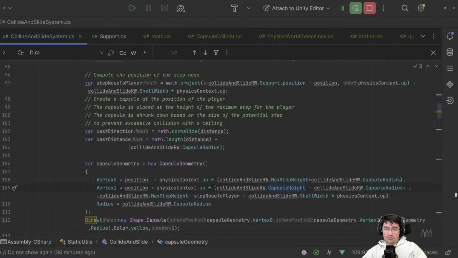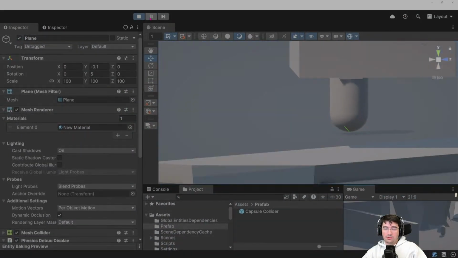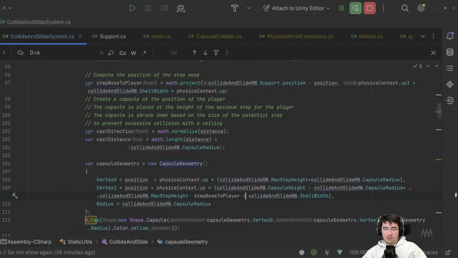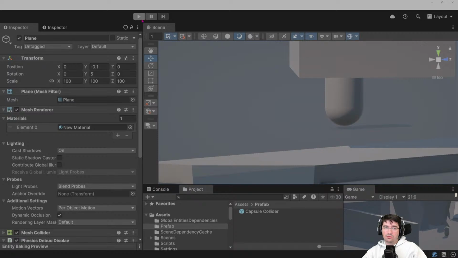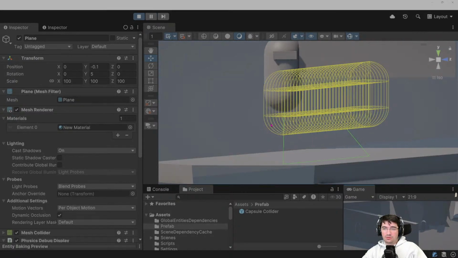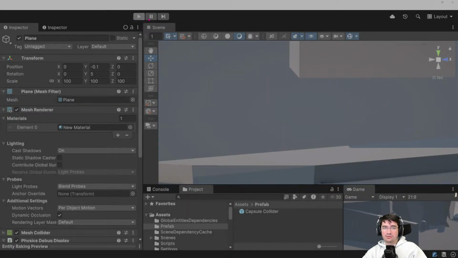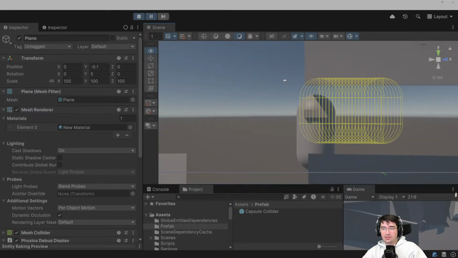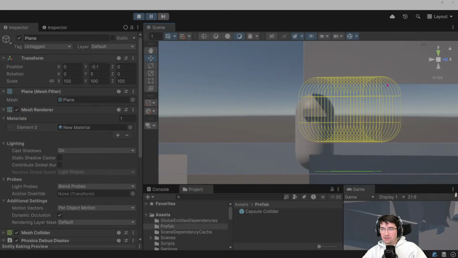Because I'm taking the capsule height, there is already up here. Shouldn't change. No. I'm just trying to see what happens now. Again, it doesn't seem to. Does it feel like it's taking it into consideration?